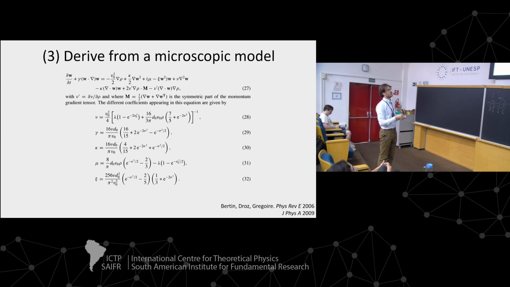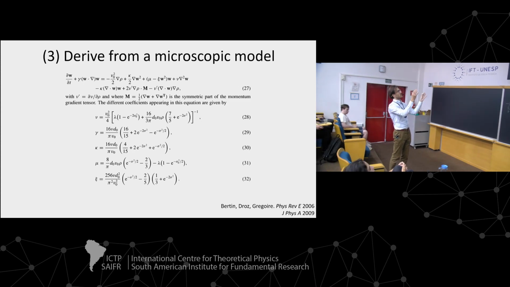At what point do you need a completely different description, for example? And the symmetry-based argument tells you that within this set of systems, you'll always be of the Toner-Tu universality class.